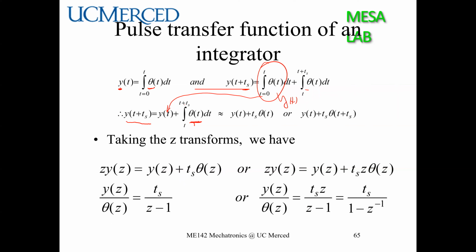Inside t to t plus ts is one step; I simply hold this, then multiply by this. You have learned something like this: this is my t, this is my t plus ts, so this is ts.